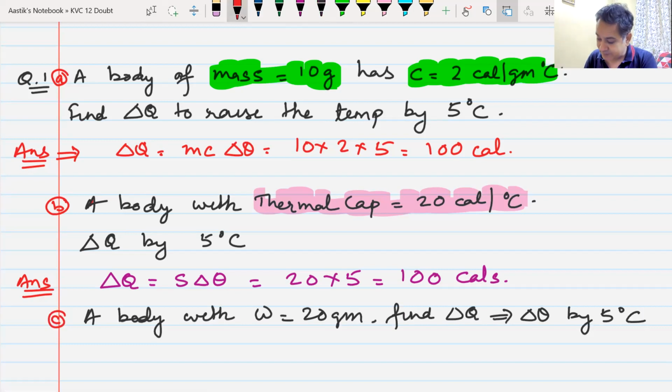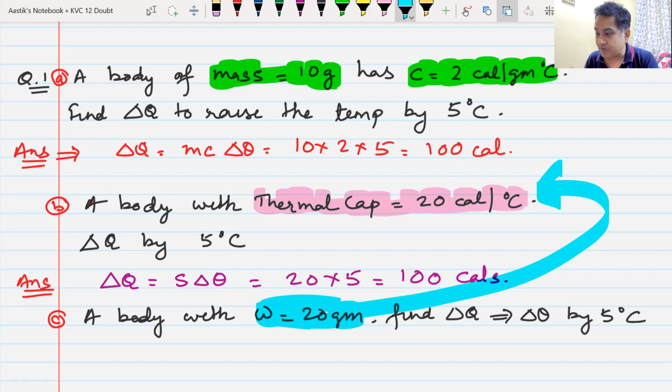In this case, I hope you understand the meaning of the three different ways. This water equivalent of 20 grams means you can consider this body not as a body, but as water whose mass is 20 grams. And for water, the specific heat capacity is 1. 20 multiplied by 1 is 20. So this basically becomes equal to this. Do we understand this?